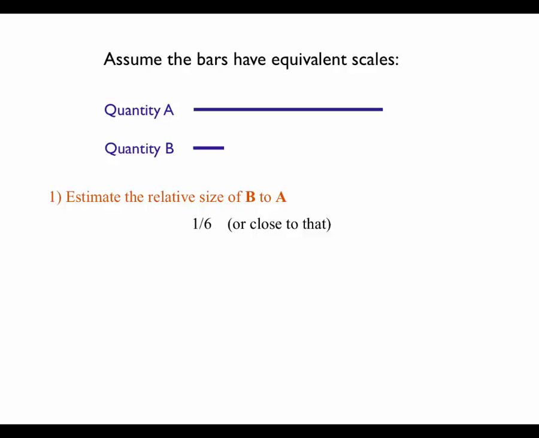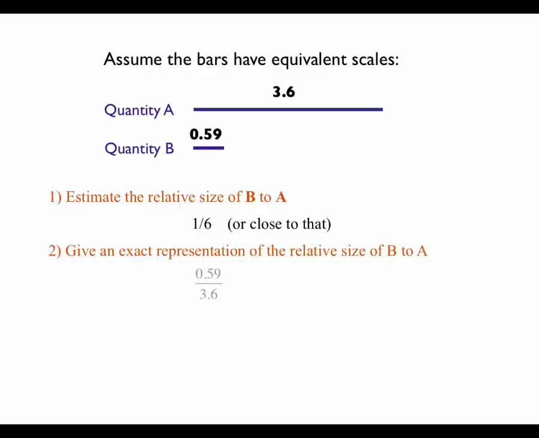B to A. This is the size of B relative to A. Okay? Exact representation will be 3.6 divided by 0.59 or 0.59 divided by 3.6. Second one, right? About 0.164, which is close to 1/6.